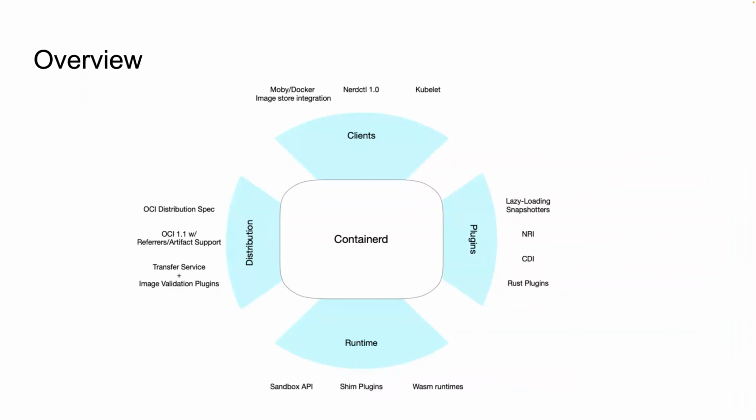So I'm going to give an overview of different areas. I view Containerd as more of a resource manager and glue rather than a particular runtime. I know we talk about runtimes a lot, but what's actually inside of Containerd, there's not a lot of runtime stuff.